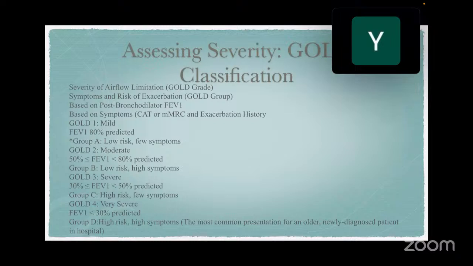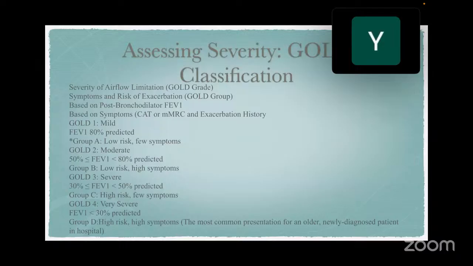Okay, so I will repeat what I said. The severity of airway limitation according to the GOLD grade, symptoms and risk of exacerbation, is based on the post-bronchodilator FEV1 and on the symptoms.